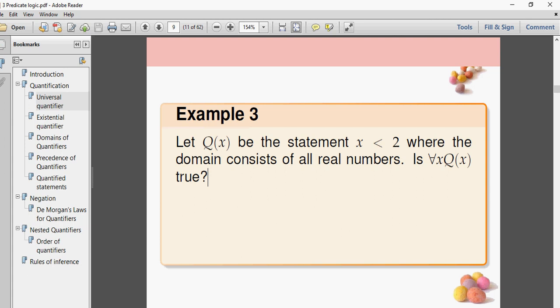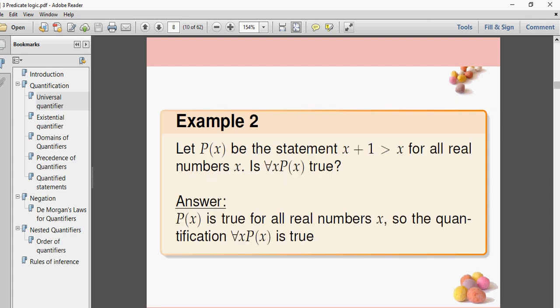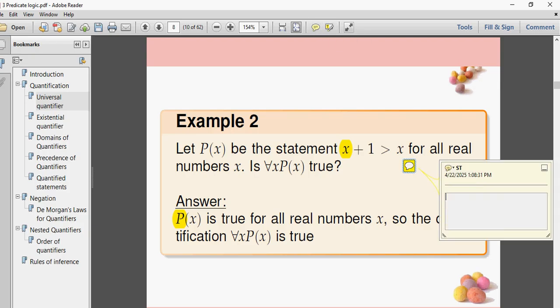Let's go back to the previous slide. Let's say x equals 2, so x plus 1 equals 3.